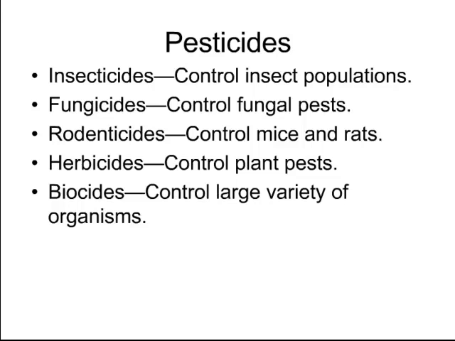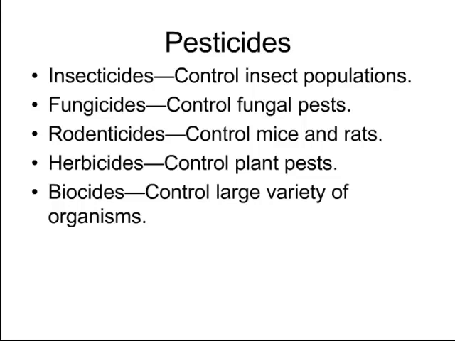And biocides are chemicals that kill a variety of living organisms. So if you took an insecticide that also killed rodents and cats and dogs and birds, then that insecticide would more correctly be called a biocide, because it kills many different organisms.